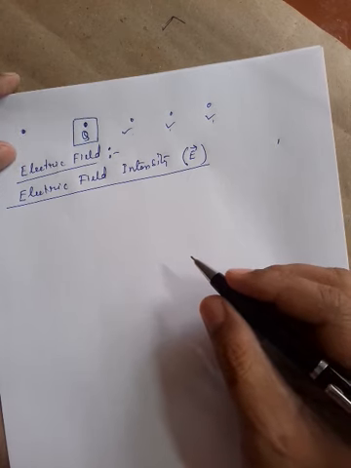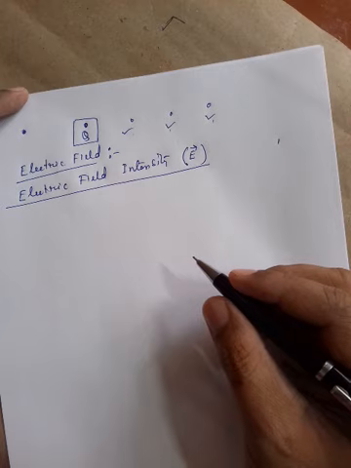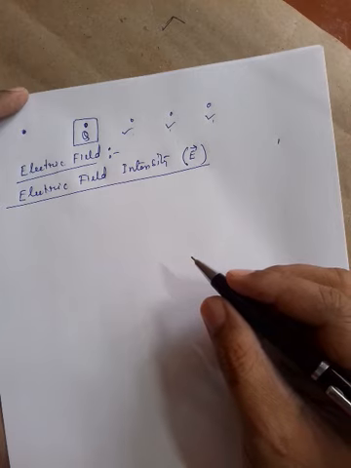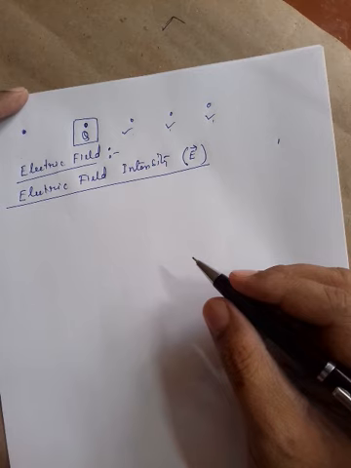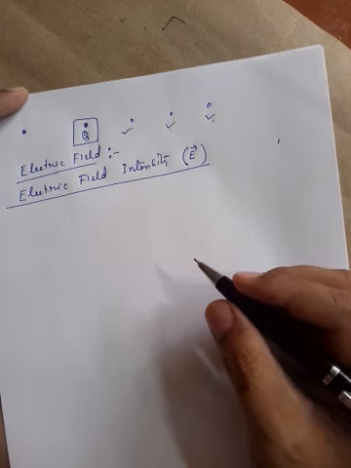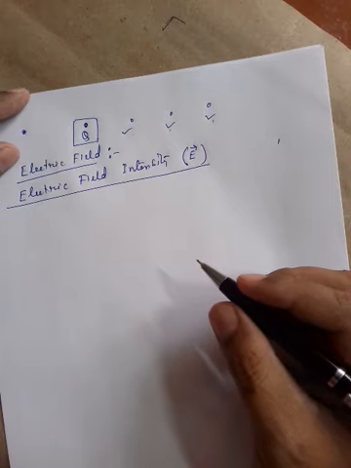Or, you write, also, electric field intensity at a point is the force acting on a unit positive charge placed at that point.